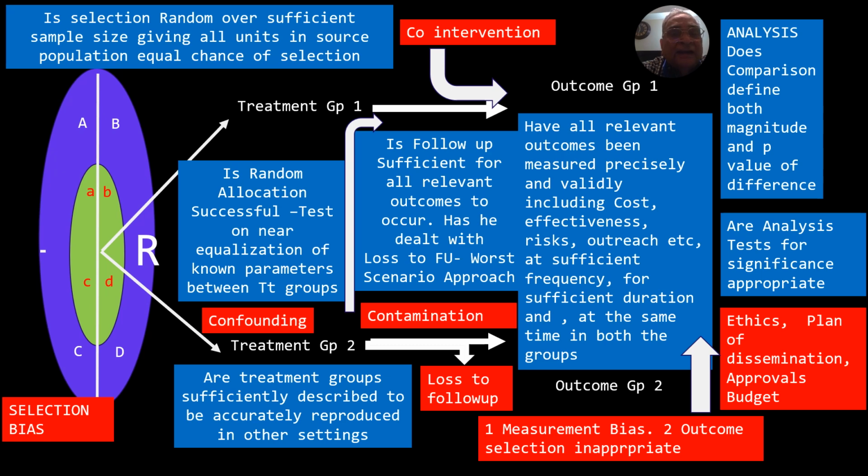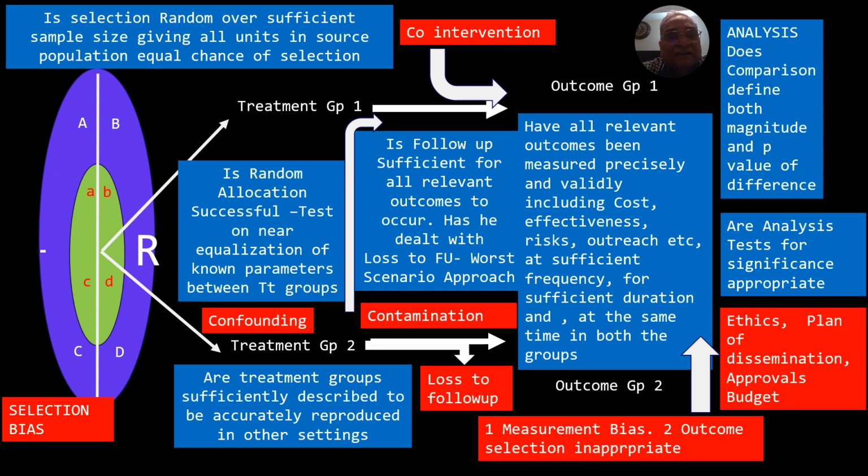So this is random allocation, and it's the best way to control known and unknown confounding. And it is tested by comparing both the groups on all other factors of which you have the data. And if none of the p-values is significant, then your random allocation is successful. Otherwise, for any factor where the p-value is significant, you may have to use regression analysis.